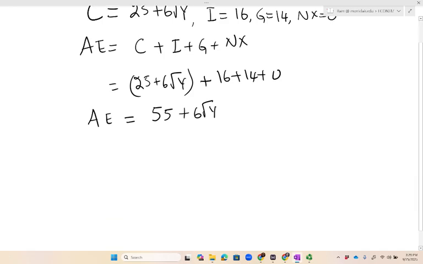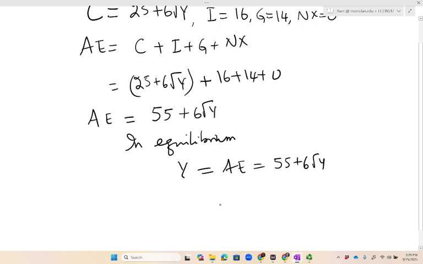Now we have the aggregate expenditure. In equilibrium, the aggregate expenditure must equal the national income. So Y, the national income, is equal to the aggregate expenditure, 55 plus 6 square root of y.